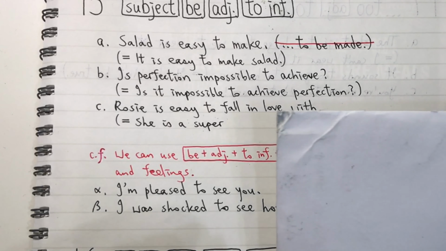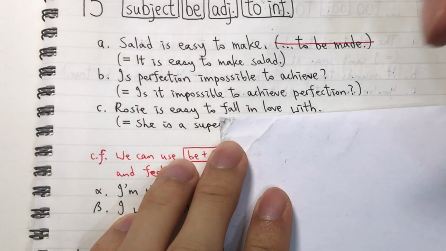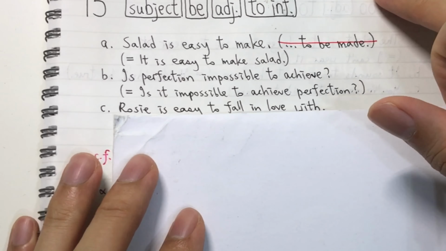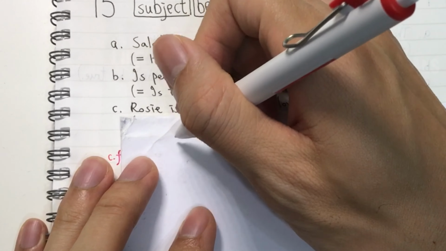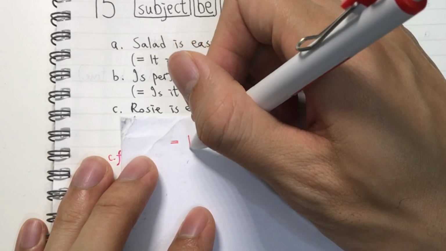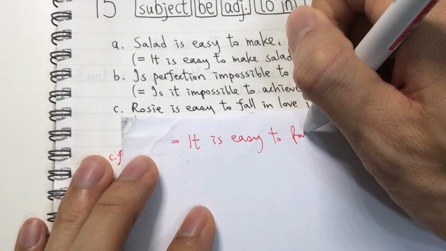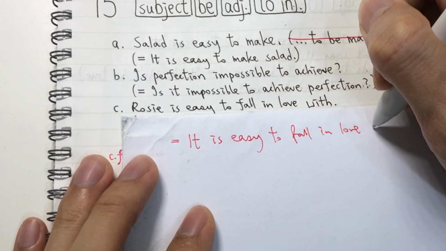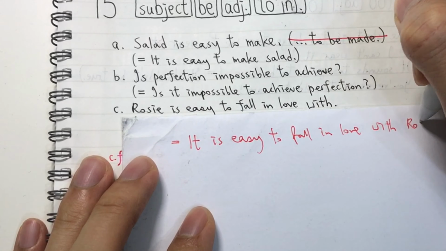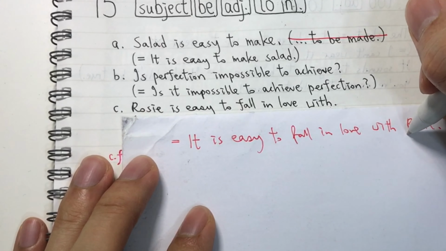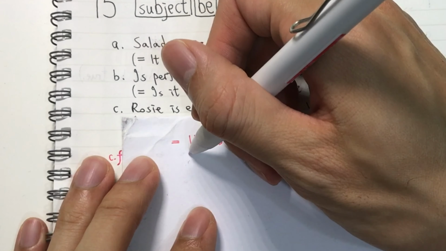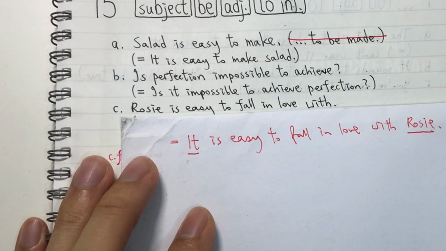Okay, so now coming back to item C, we have the answer. Rosie is easy to fall in love with. Again, we can translate it back to item 13. It is easy to fall in love with Rosie. Okay, you put the subject to the back and then you add it. This is item 13.